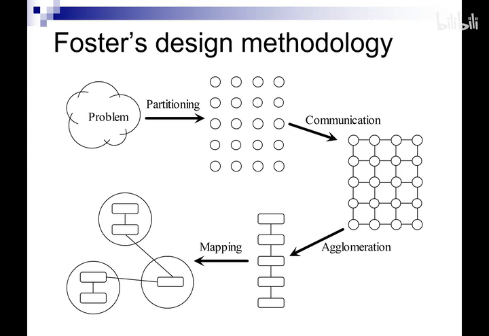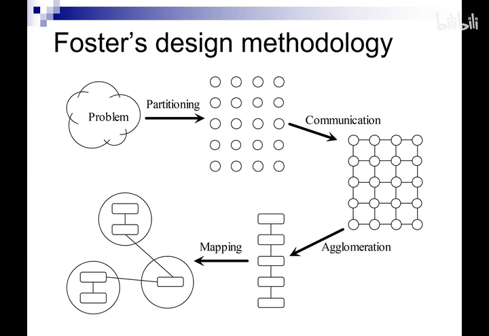So after partitioning, we have the communication step where we figure out which tasks, so the tasks are these little circles, need to communicate with each other. We're going to add these edges, and they indicate communication between the tasks. And then next, we're going to do the agglomeration step.